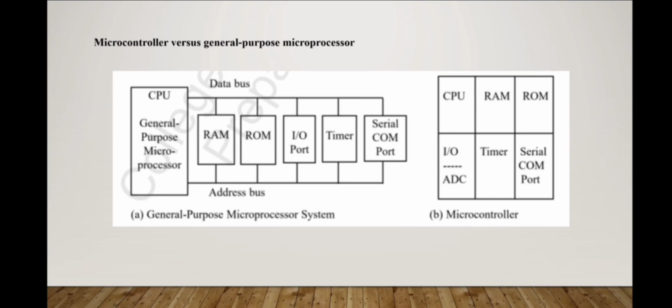So this is the major difference: in a microprocessor, all the devices are externally connected by means of buses, but in a microcontroller, all the devices are integrated in a single chip.